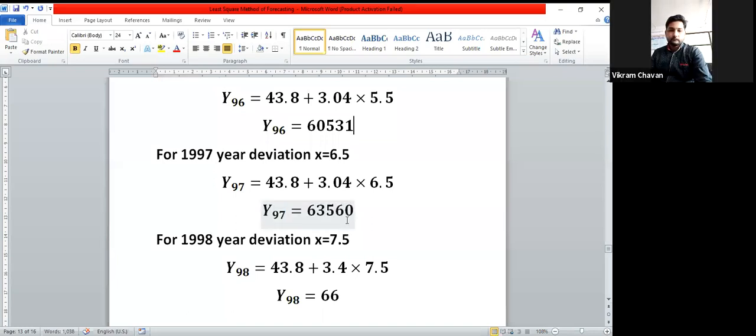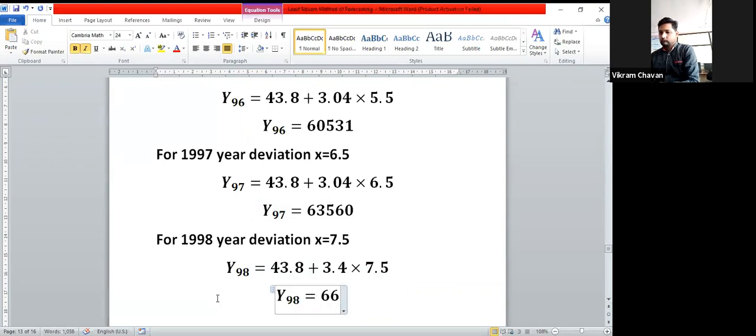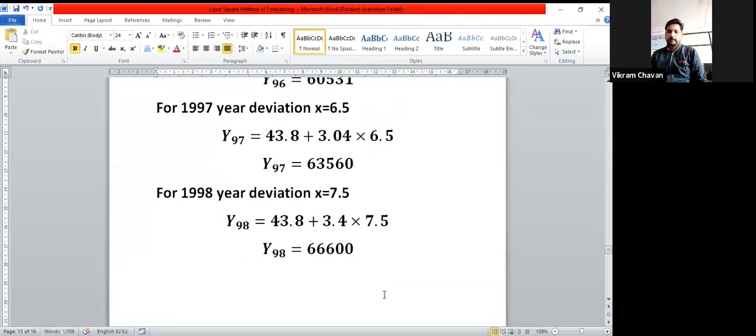Y97 and 98, 66600. Whether you are getting the same values, kindly let me know. I hope you are doing the calculation. If not, then you can write down the values and do it afterward.